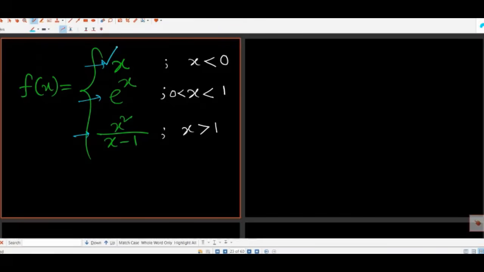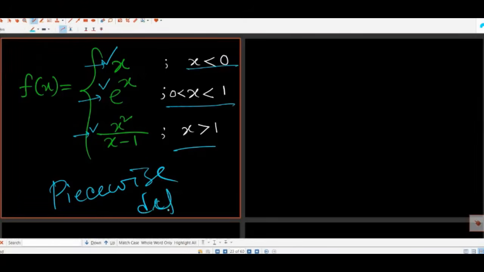All three pieces are defined for some intervals. So that's why this is called piecewise defined function. So in limit and continuity chapter, you will see some examples that are from piecewise defined function.